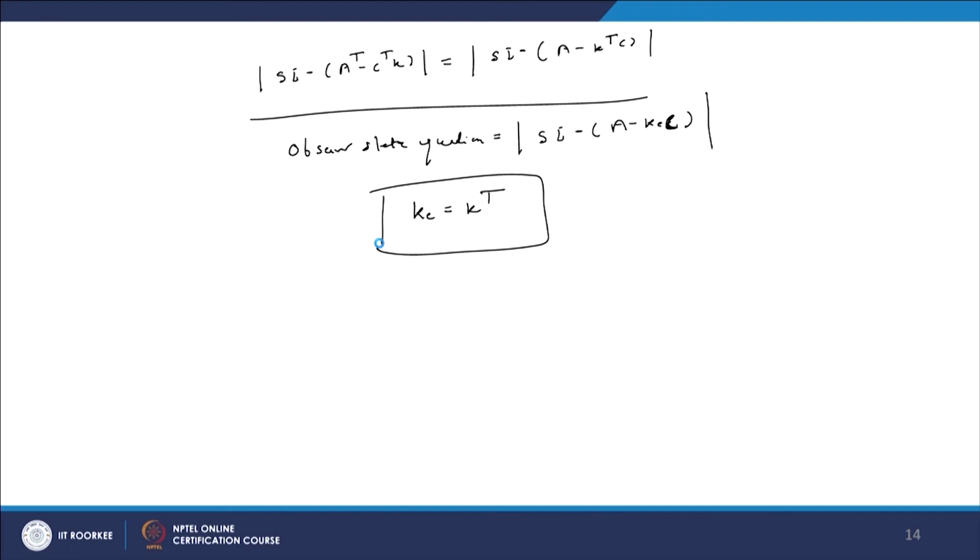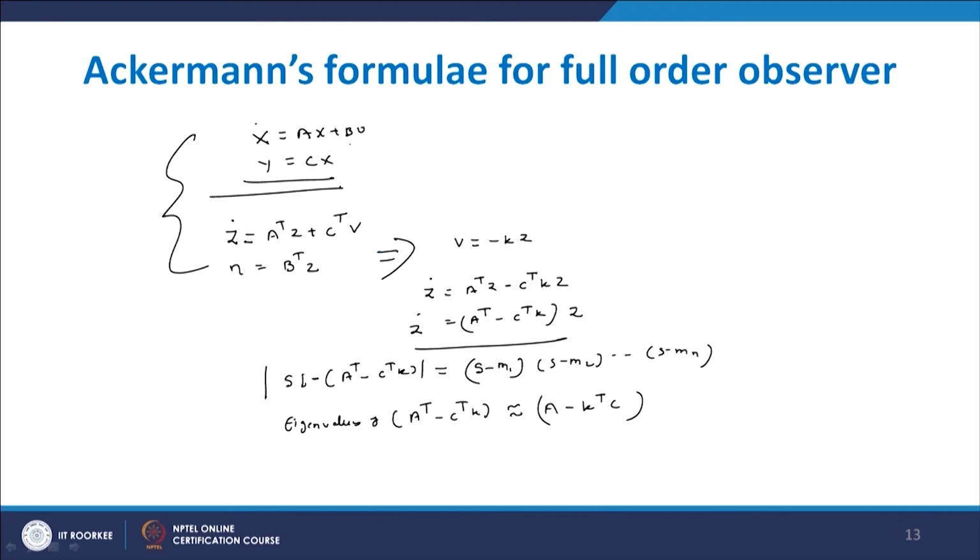So here what we have done is we have taken the dual of the system, and after taking the dual of the system we have got A minus K transpose into C.